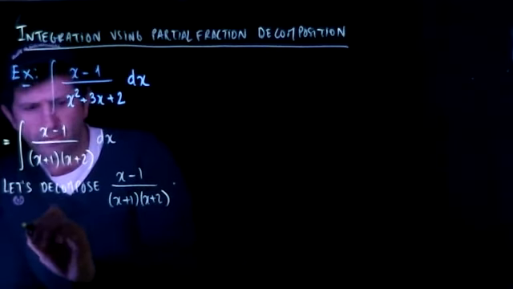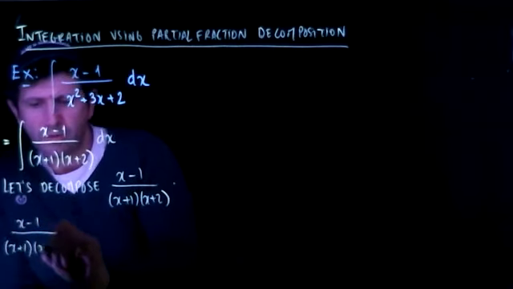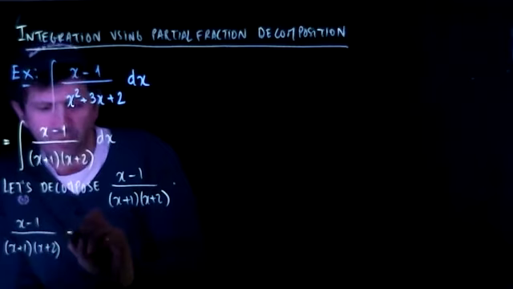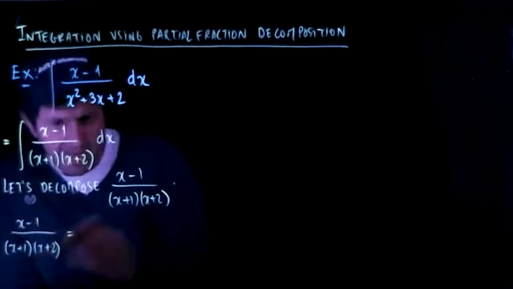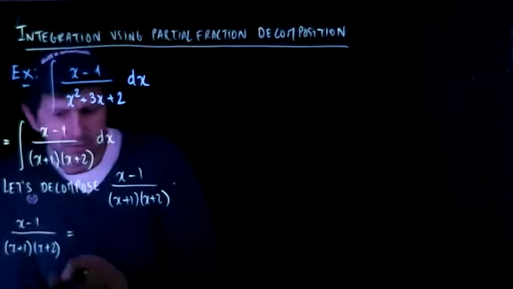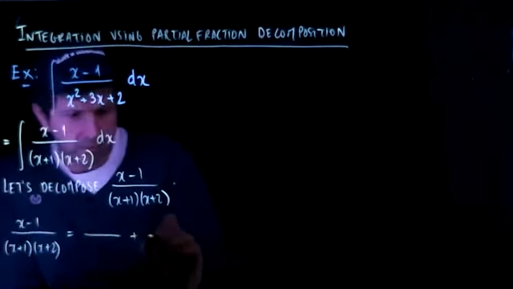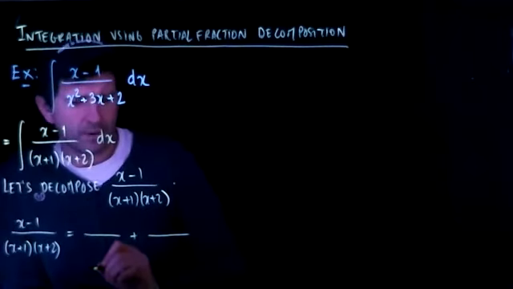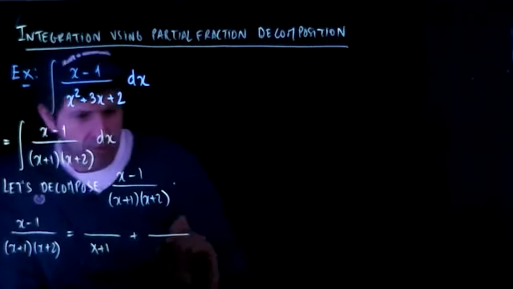It's as follows. x minus 1 over x plus 1 times x plus 2 is equal to, so I'm going to write this fraction as a sum of two fractions. The first fraction with a denominator of x plus 1, and the second one with a denominator of x plus 2.